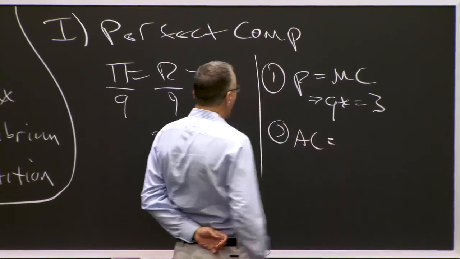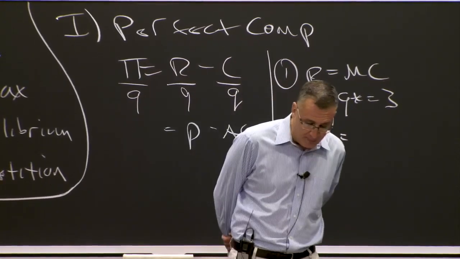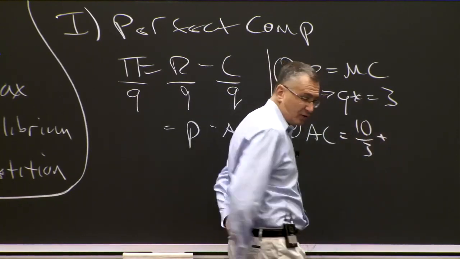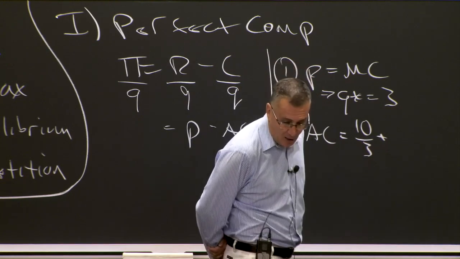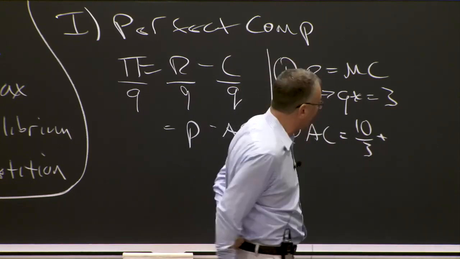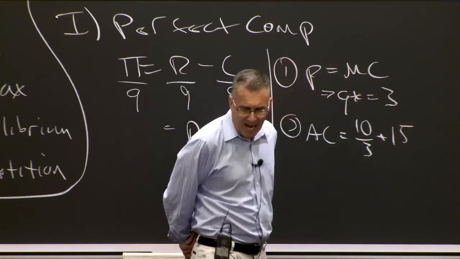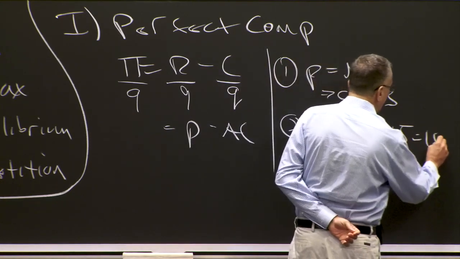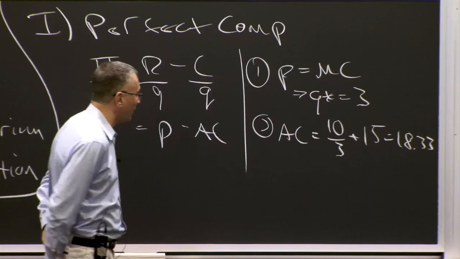Average cost at Q of 3 is simply going to be this cost function divided by 3. So 10 over 3 plus 5Q squared over 3, or just 5Q, plus 15. So the average cost at 3 is going to be 18.33.